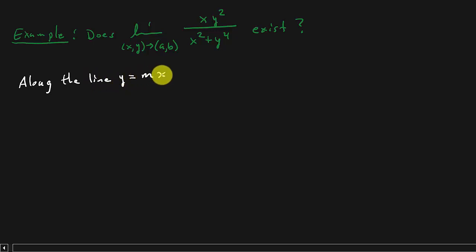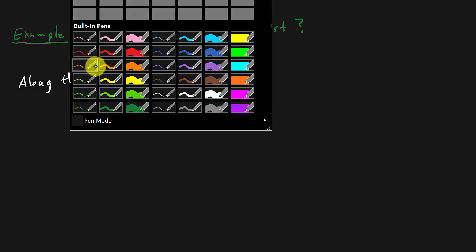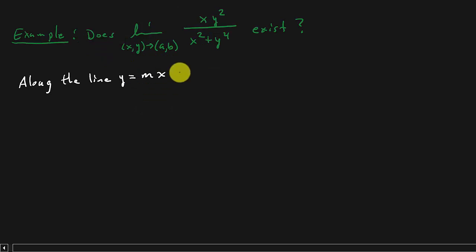Okay. So what does that do? Well, just to give you a note here, this is any line through the origin that is not the y-axis.